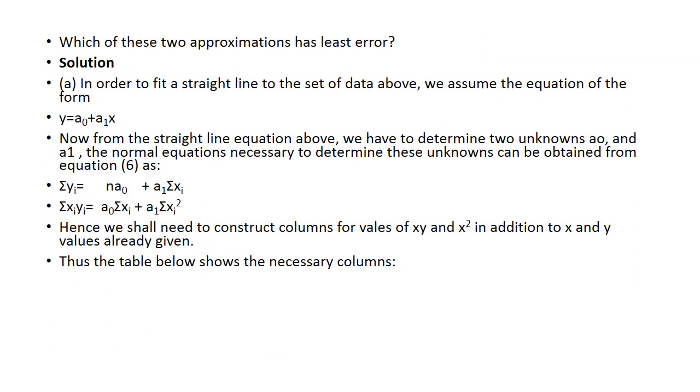Solving this, we now use the two equations. The first: summation yi equals n a0 plus a1 summation xi. The second: summation xi yi is equal to a0 summation xi plus a1 summation xi raised to power 2.